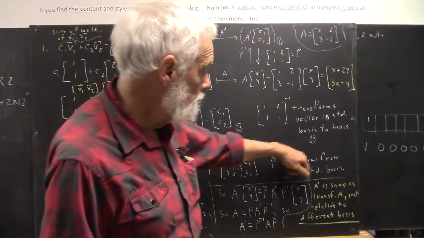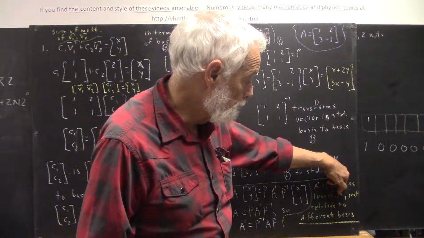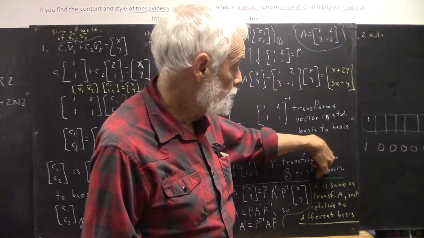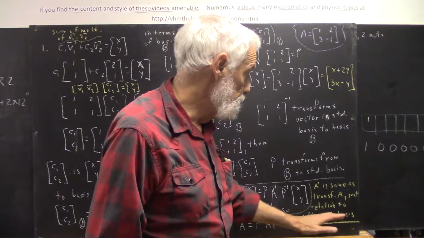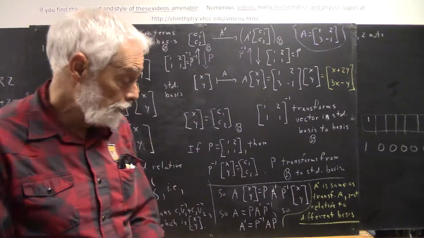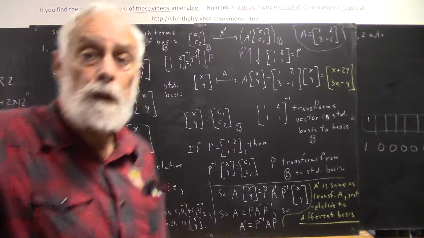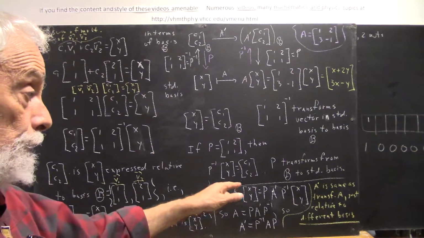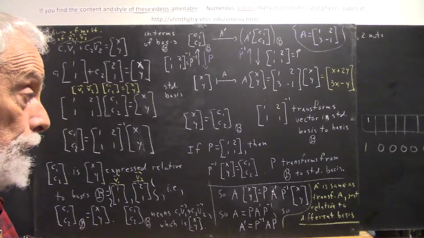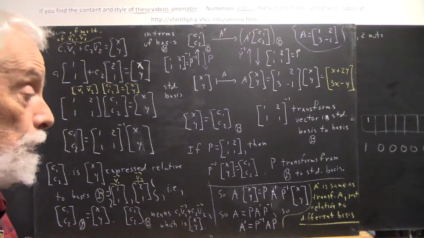Now, A prime represents the same transformation as A. It's just that A prime is the transformation as it appears in the basis B. A is the matrix as it appears in the standard basis. Same transformation, but we need a different matrix if we express our vectors relative to different bases.